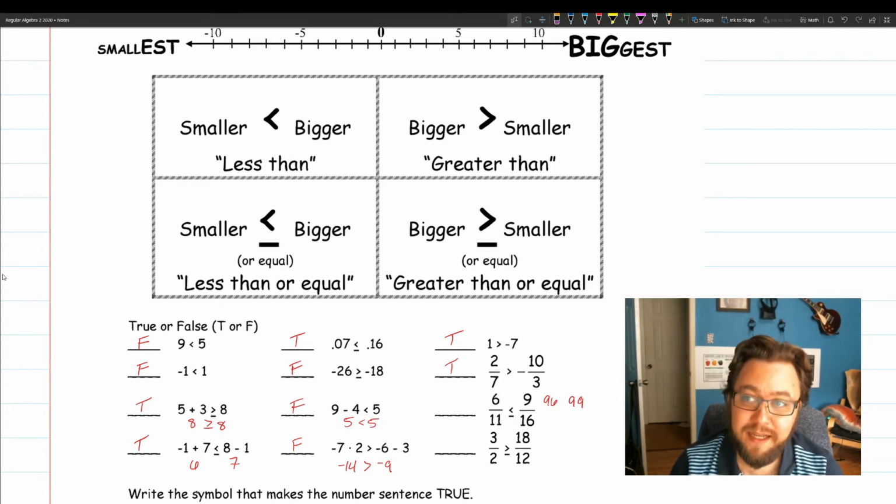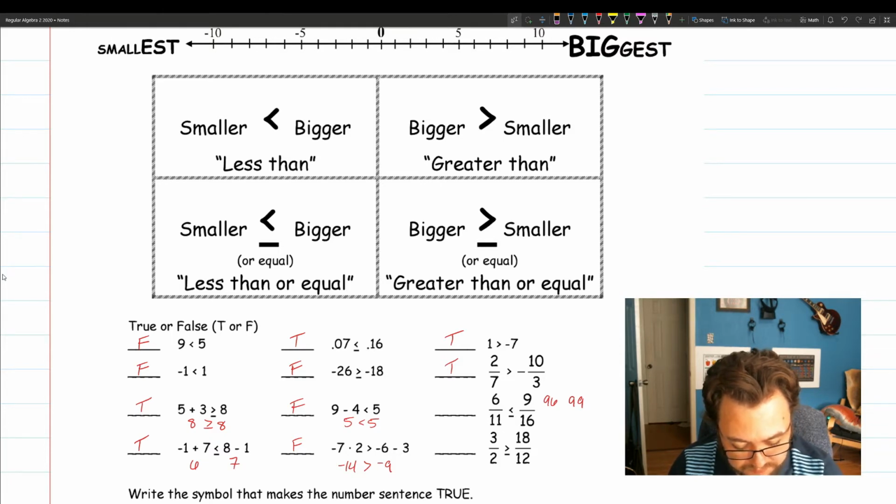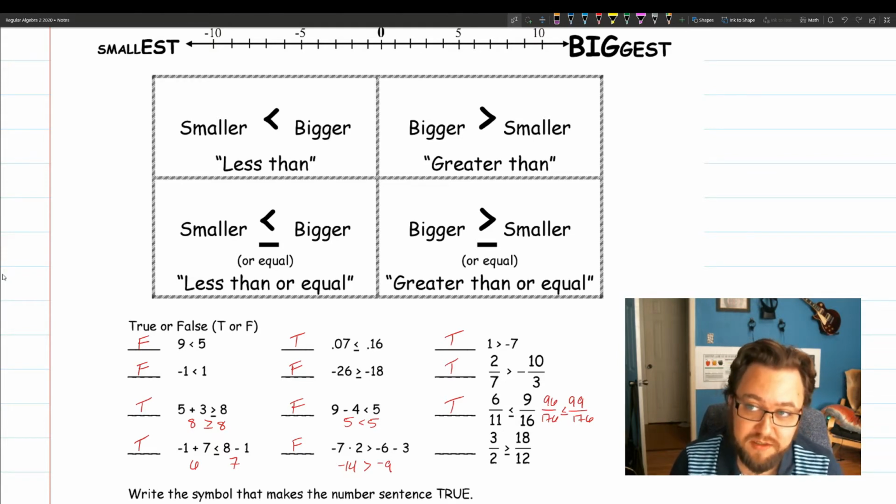And then 99 is going to be the bigger one. So we have the symbol saying that, so that is going to be a true statement. If you cared, our denominators here are 176, 11 times 16. And 99/176 is larger than 96/176.